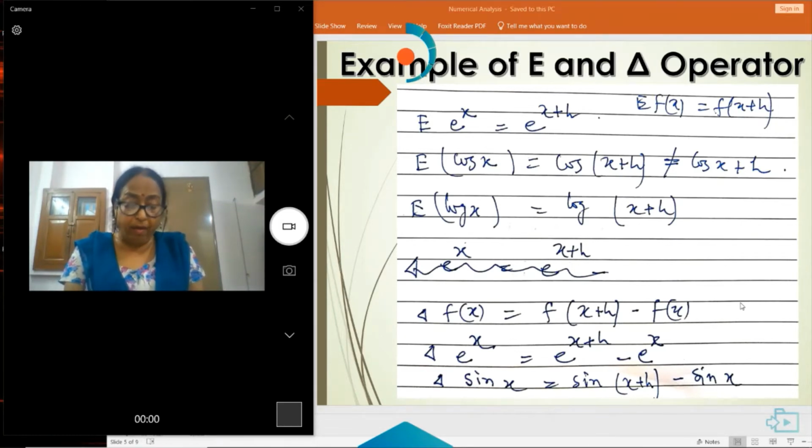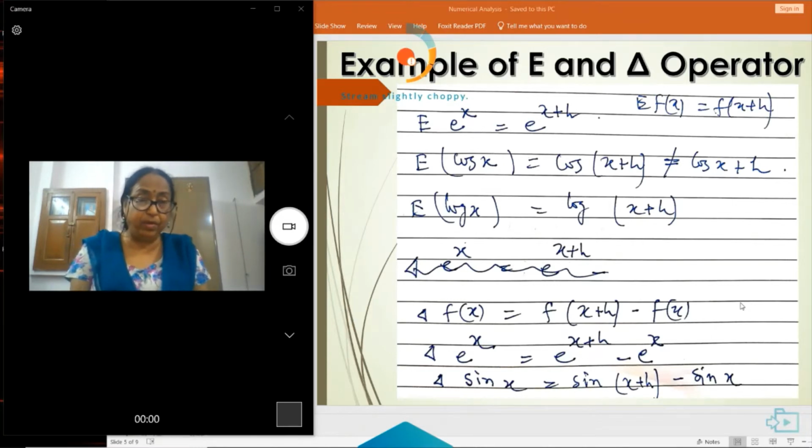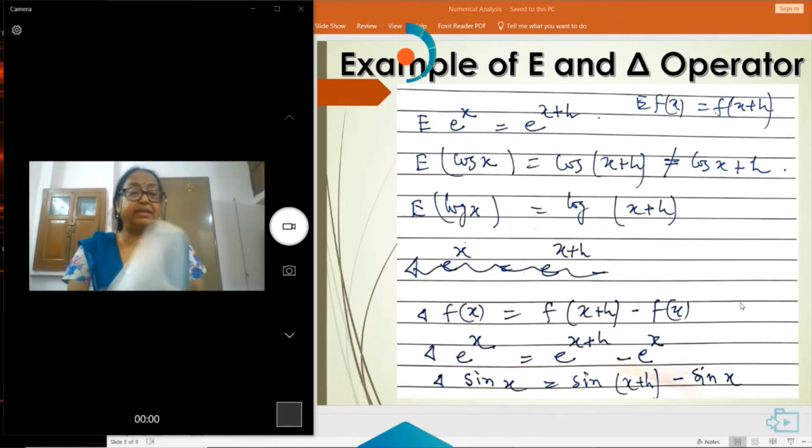Similarly, E operating on log x is equal to log within bracket (x plus h), not equal to log x plus h separately. Similarly, delta f(x) we know is equal to f(x plus h) minus f(x). So delta of e to the power x should be equal to e to the power (x plus h) minus e to the power x. Delta of sin x is equal to sin(x plus h) minus sin x.